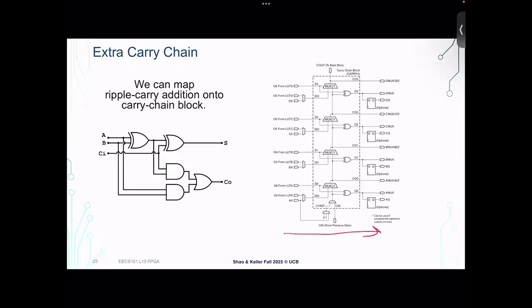And this is called ripple carry addition. And so you can see at a high level, they've added these extra muxes so that data can kind of flow internally through the slice rather than just doing a single computation and then going out of the slice. This is very useful for synthesizing an adder in the FPGA.